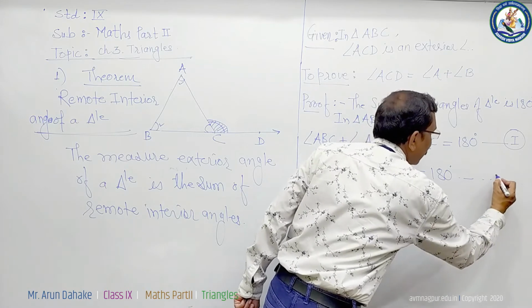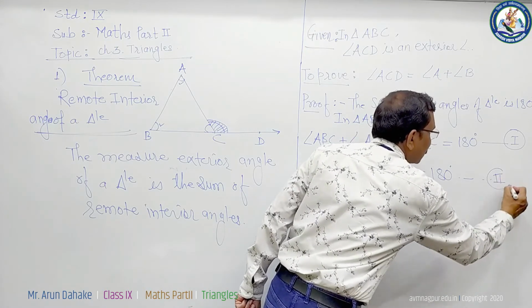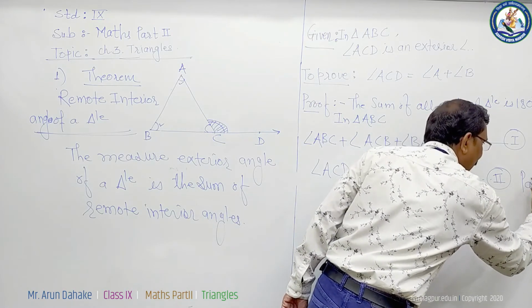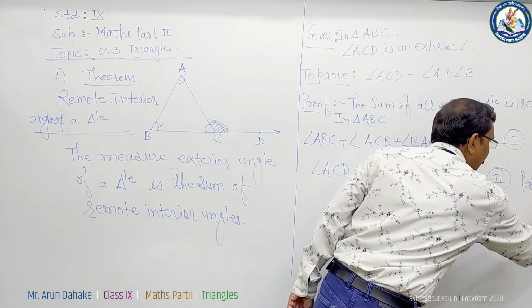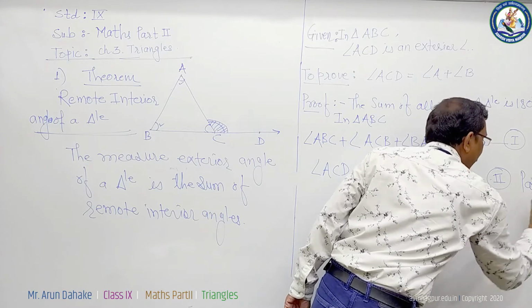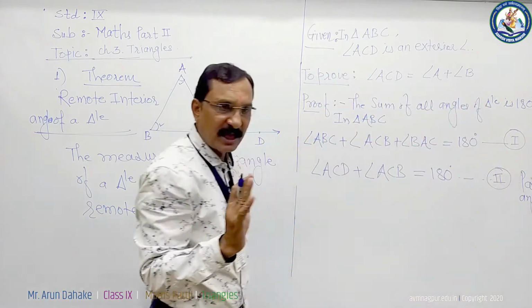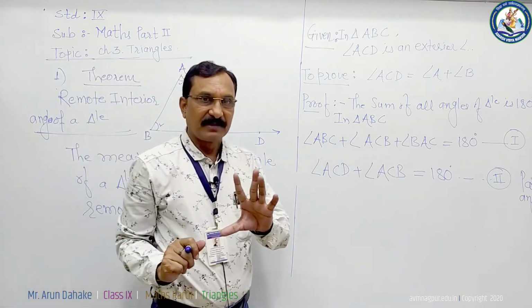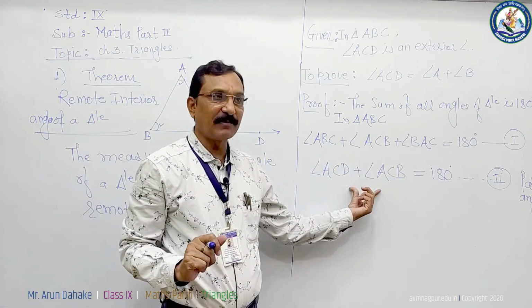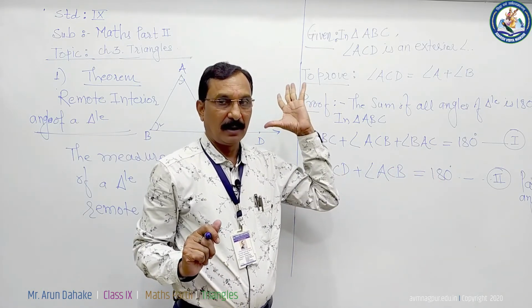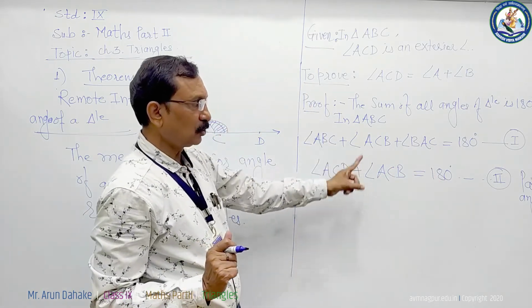This is equation number 2, and the reason is: pair of linear angles. We know that the sum of a pair of linear angles is 180 degrees.